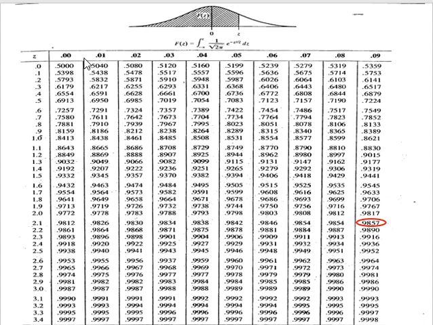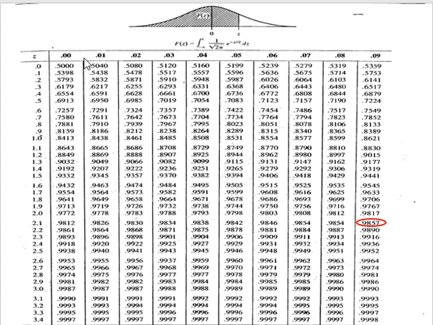Now for 1.69, tell me. Z is 1.69. Is the change acceptable or not acceptable? The change is acceptable because your cumulative probability was 0.95 something. Clear?